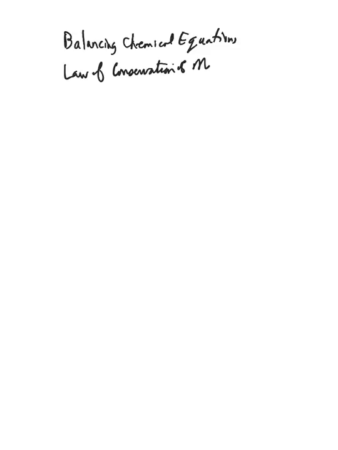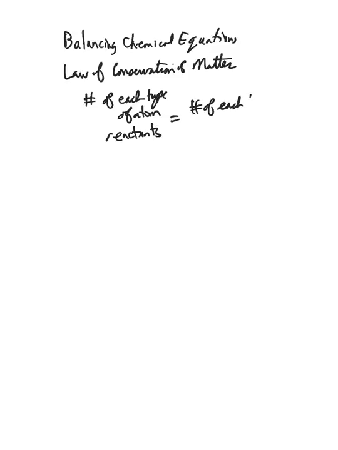Let's talk about balancing chemical equations. We're going to use the law of conservation of matter, in that the number of each type of atom on the reactant side has to equal the number of each type of atom on the product side.